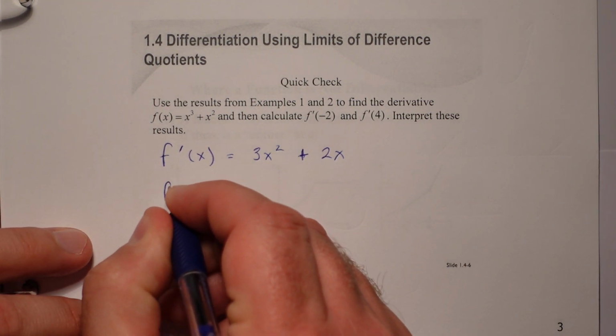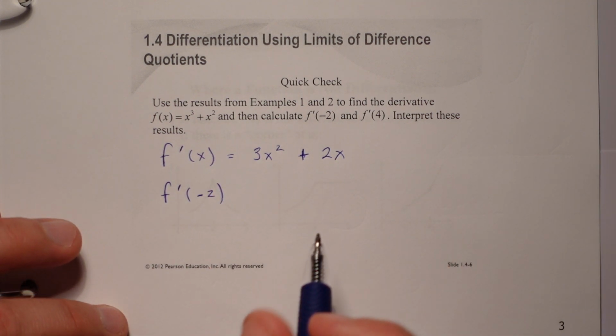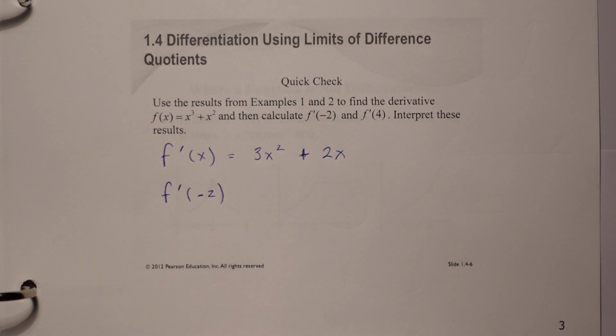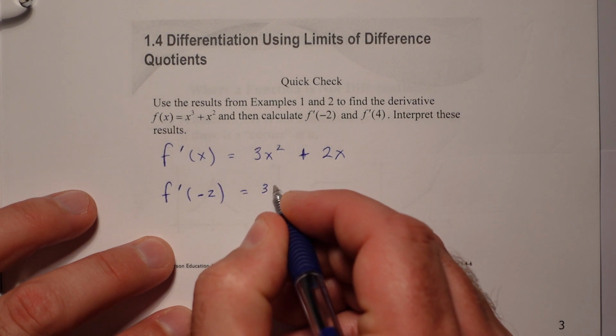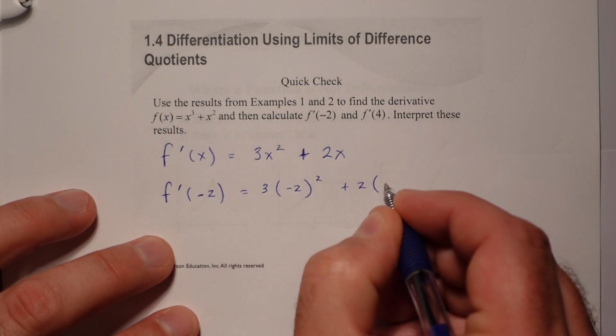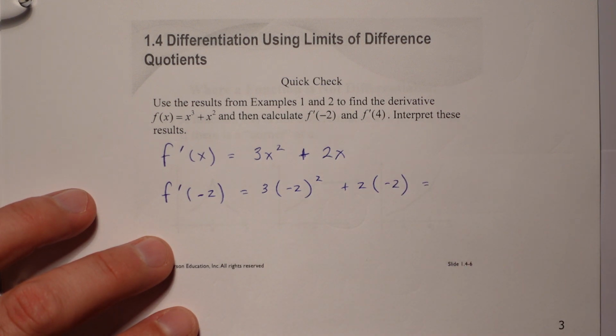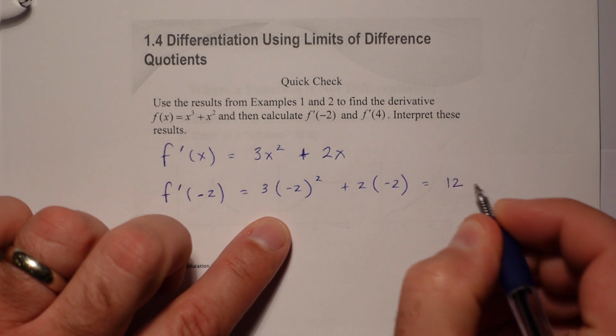So let's start with f prime of negative 2. So I'm just finding the slope of our function at this particular x value. So that's going to work out and give us 3 times negative 2 squared plus 2 times negative 2 as well. So in this case, I've got a 3 times 4, that's 12.